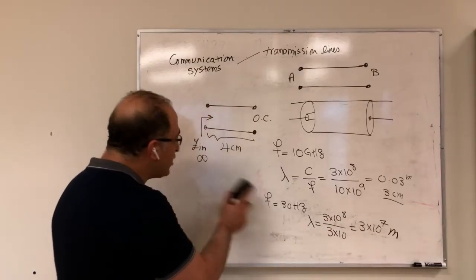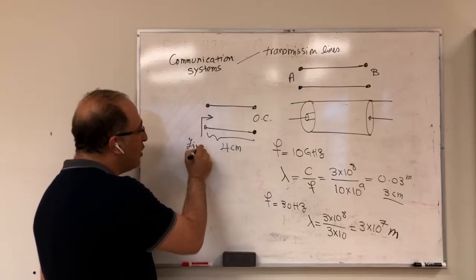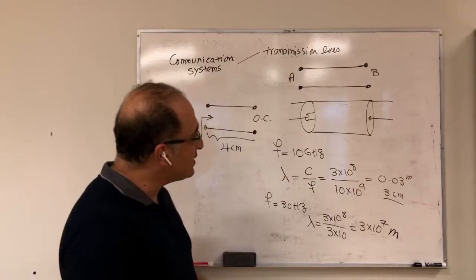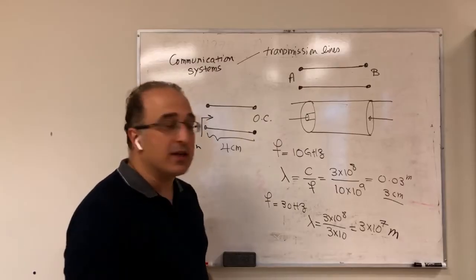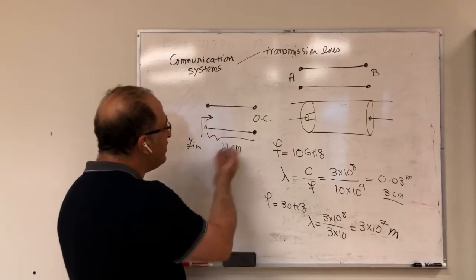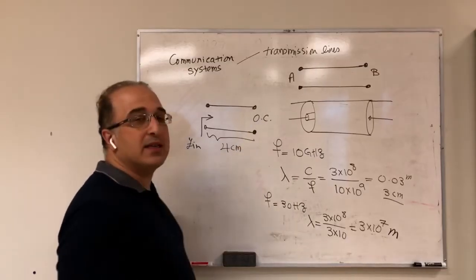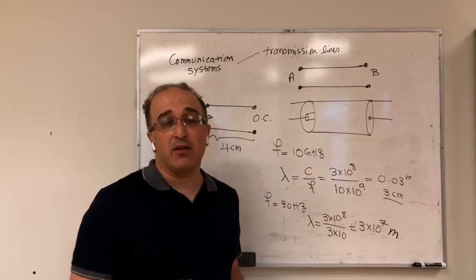Now, if I change the frequency to a higher frequency, 10 gigahertz, now the wavelength is 3 centimeter. Now you're dealing with 4 centimeter. If I ask you what is Z in here, and you immediately answer it's open circuit here, therefore it's open circuit here, that's wrong, because you are not using transmission line theory.